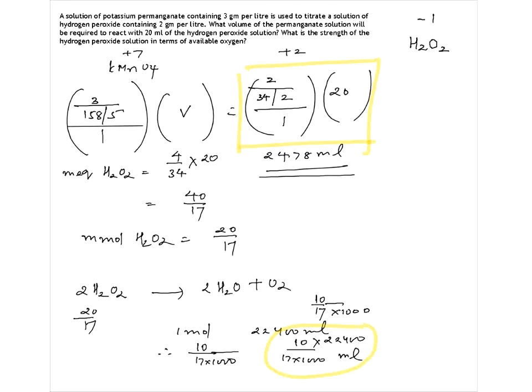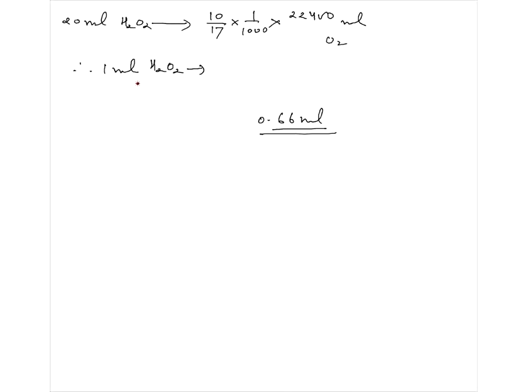Look at this line, third line, 20 ml. So 1 ml will give how much? Divide that by 20 and you will get 0.6588, about 0.66 ml.